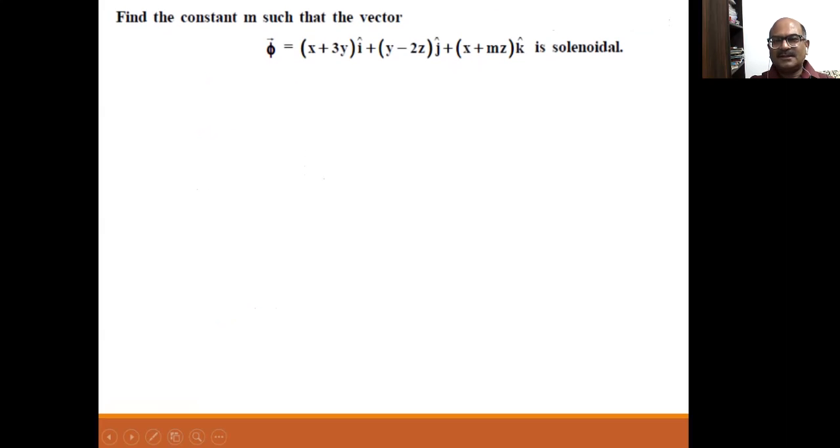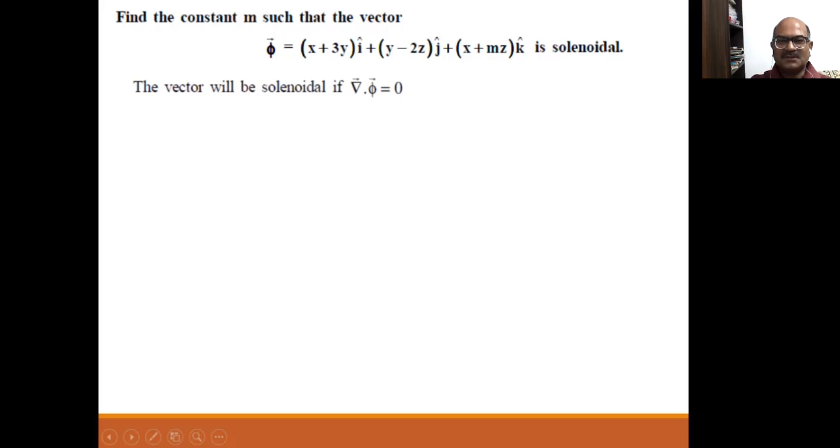Now another important numerical: we need to find the constant m such that the given vector is solenoidal. What is the meaning of solenoidal? If we understand what solenoidal is, then we can easily find this value. Kindly refer to the class on divergence.